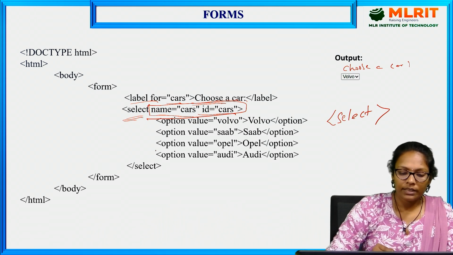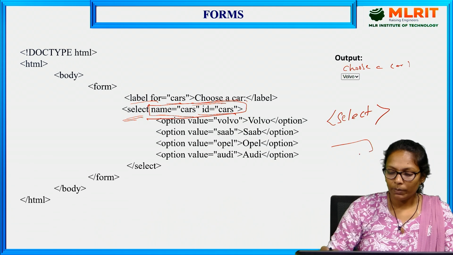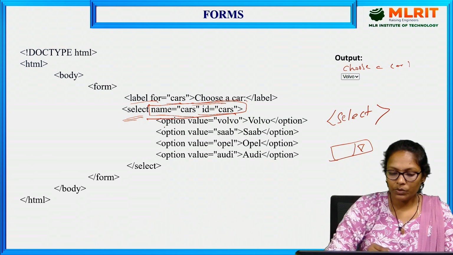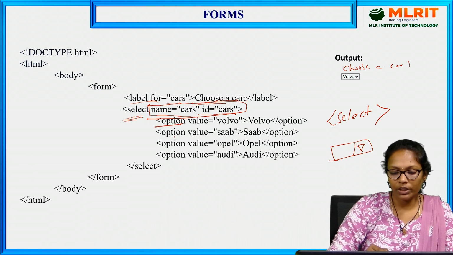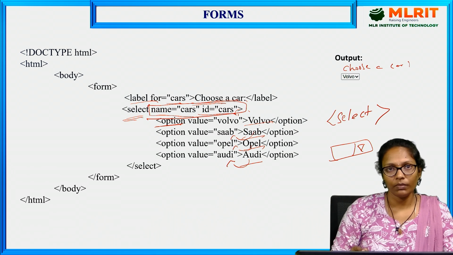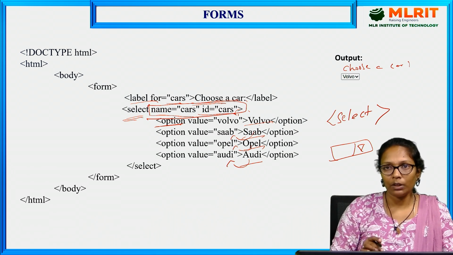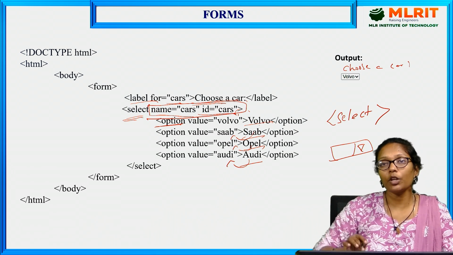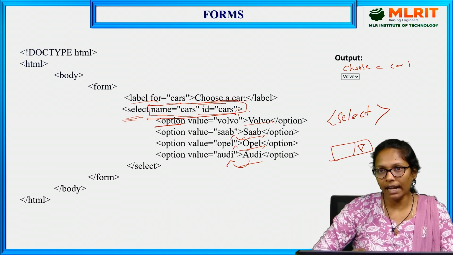And next, inside the select tag, a drop down list will be created now. To add the items, you are using another tag called option. So what are the options you're adding? Volvo, Saab, Opel, Audi. But for internal values, you can observe you're giving some small case letters. Again, internal values are also not mandatory if you're not interacting with that.